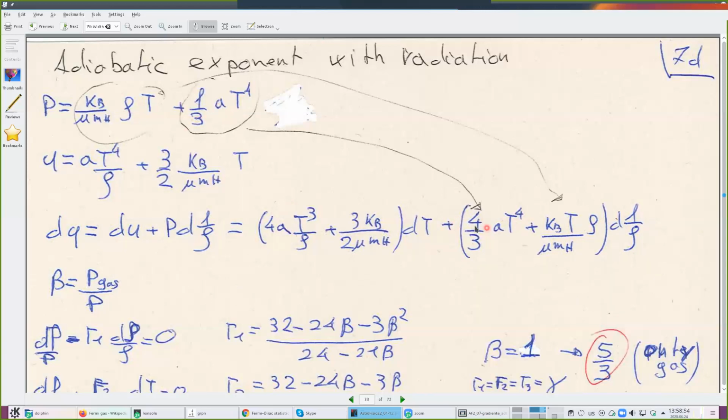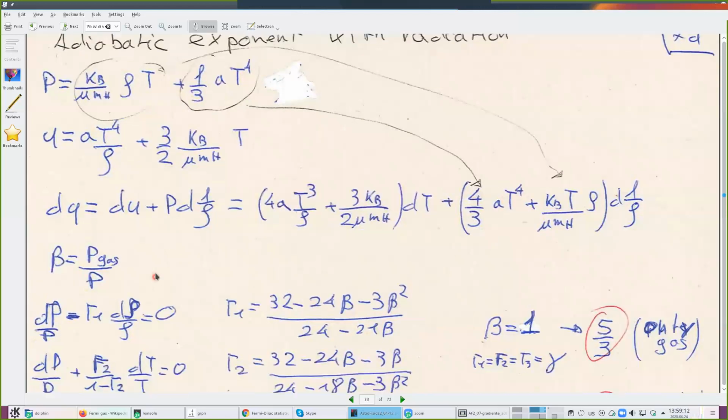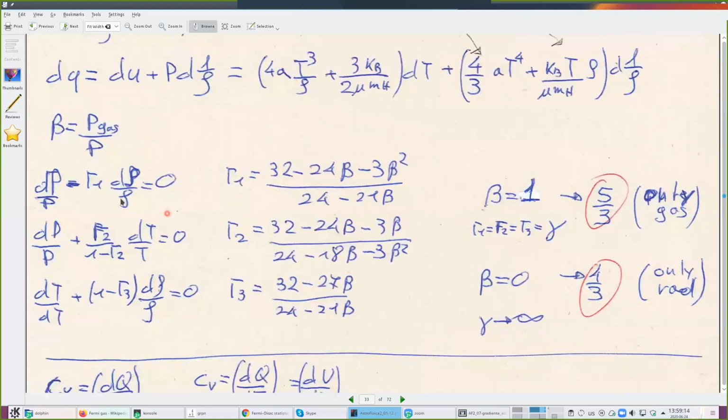The other part came from this one, with 1 over density, and you do all the calculation considering the beta value, and you get the three parameters before this value changes. Beta 1 and beta 0, all three have the same value.